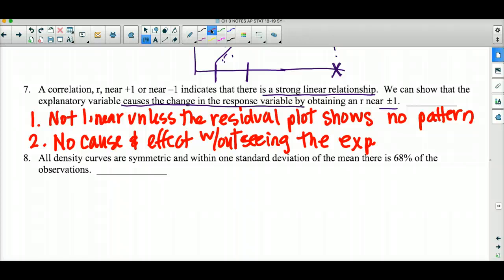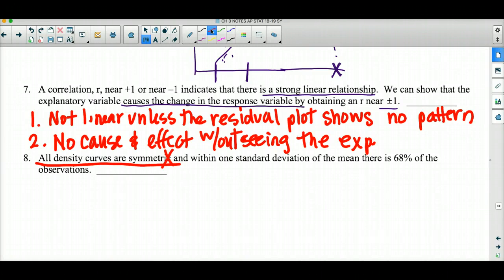All density curves are symmetric. Are all density curves symmetric? No. And within one standard deviation of the mean is 68% of the observations? No. All density curves are not symmetric.